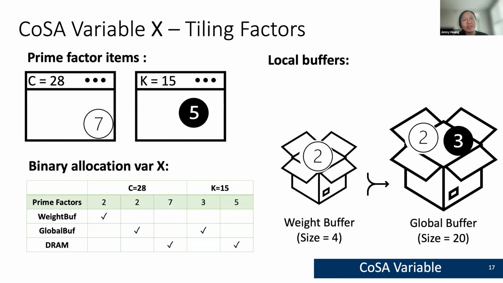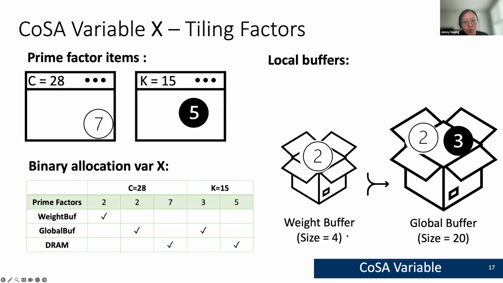And here is one example variable allocation to tile this 2 rank into the 2 buffers in the memory. So basically we put 2 to the weight buffer and 3 to the global buffer. The rest of them are allocated to the DRAM, so we're not putting them in this slide.